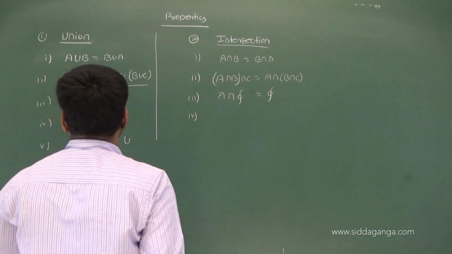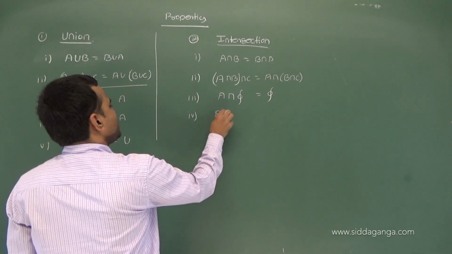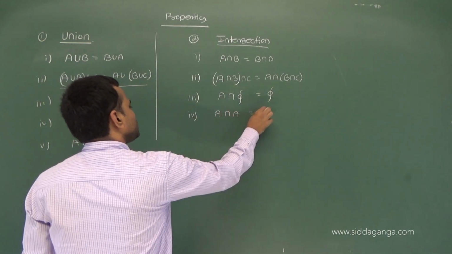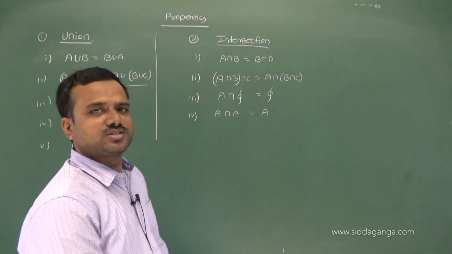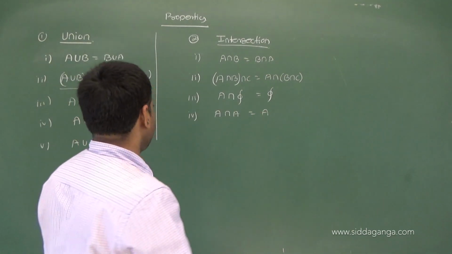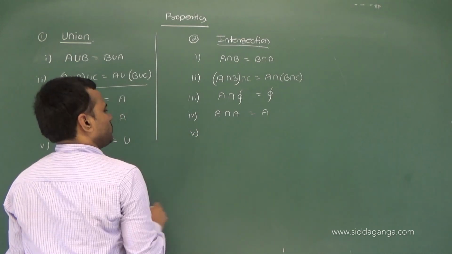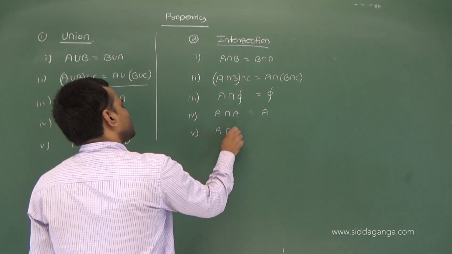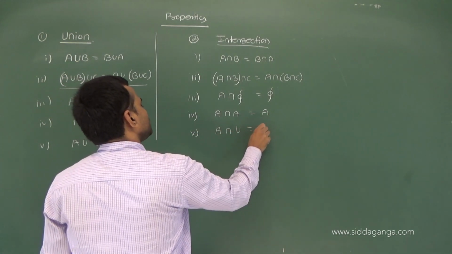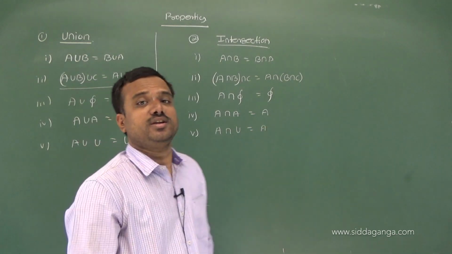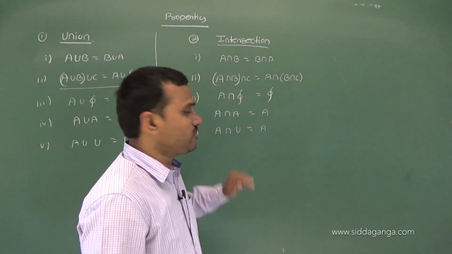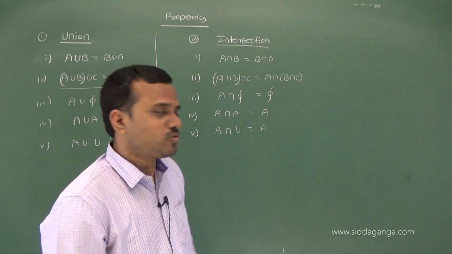Fourth property. A ∩ A is always equal to A itself. Fifth property. A ∩ universal set is always equal to A.